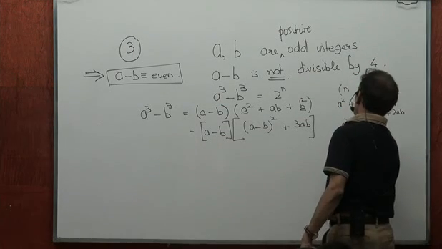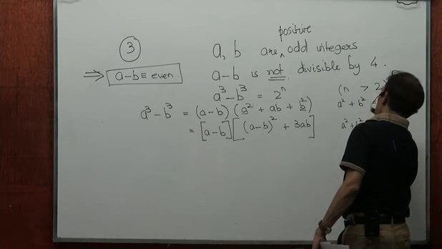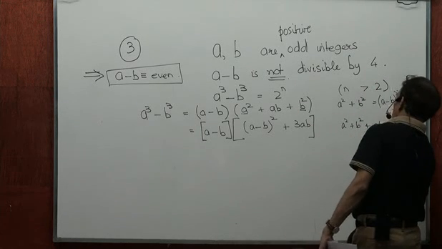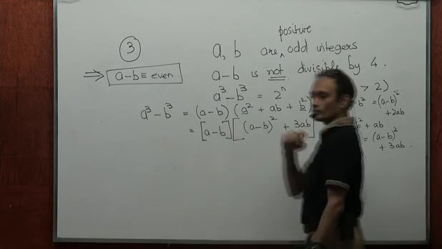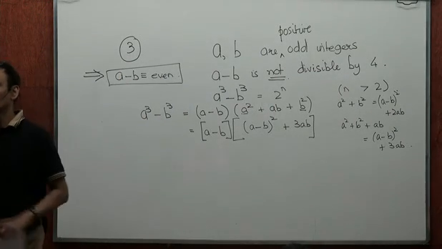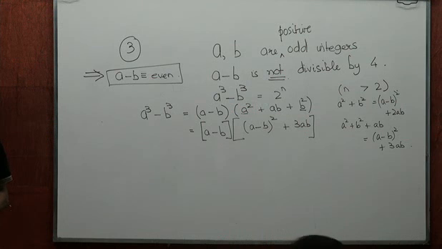So a squared plus b squared plus ab, which is the other factor, is like a minus b whole squared plus 3ab, right? So can't it be 6?